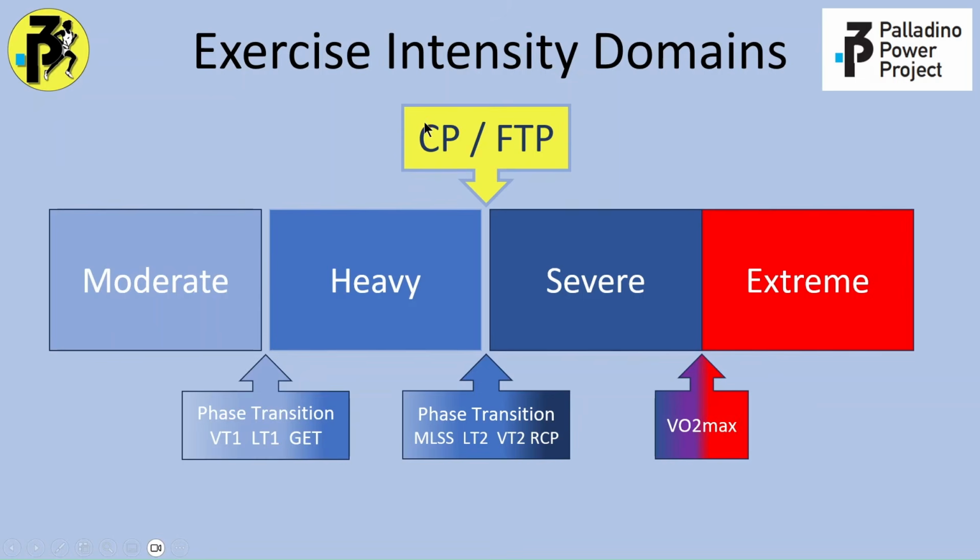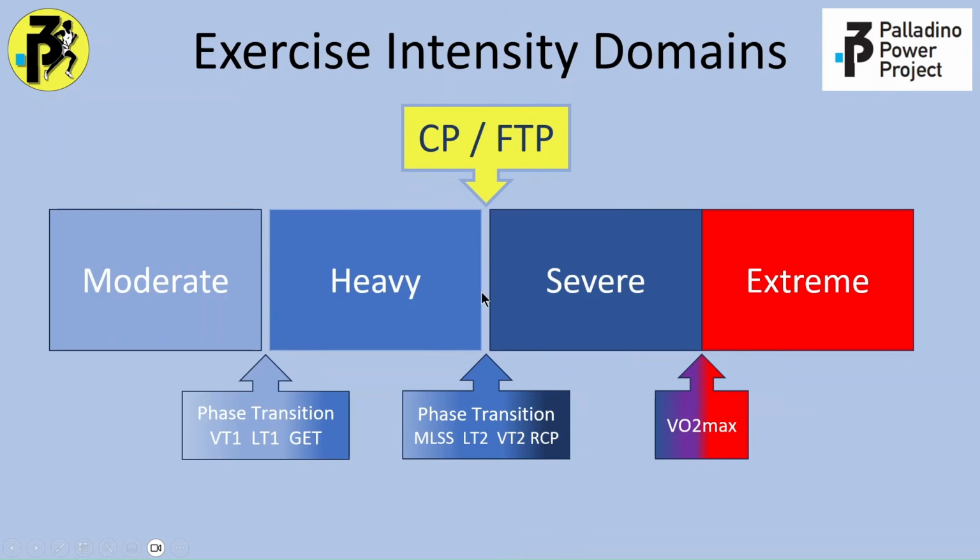I'll just say, as an aside, critical power and functional threshold power are the same conceptually. The only difference between them in terms of numeric estimate is the model and the protocol that are used to identify these. If you use the same model, same protocol, you're going to get the same number, and conceptually they're the same thing.